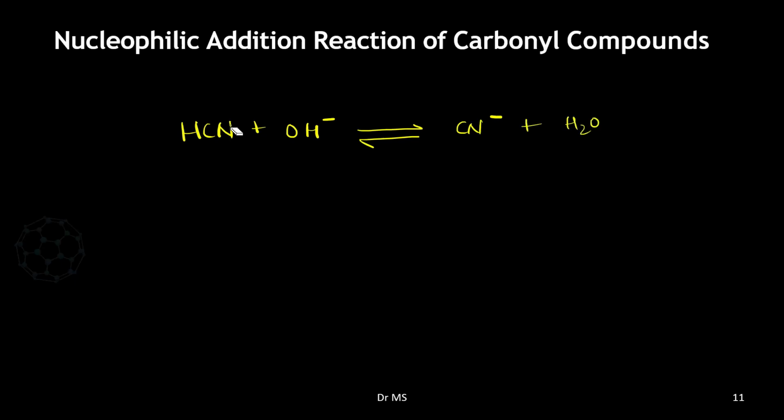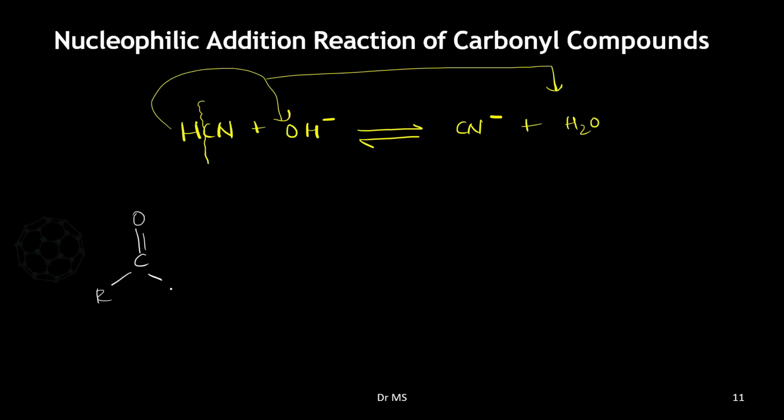There is a bond breakage between the carbon and the hydrogen, so that this hydrogen goes and attacks the OH minus, resulting in formation of water, and you get the CN minus. Now this CN minus will attack the aldehyde group. Whatever CN minus is formed will try to attack this carbon.